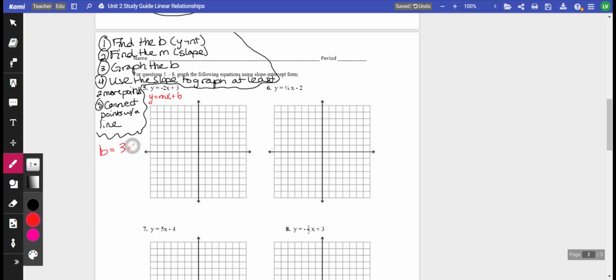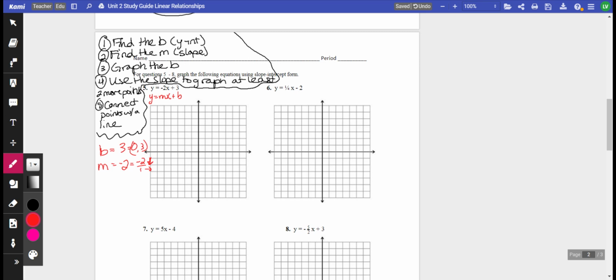Or 0, 3, whichever is going to help you remember. Second step is to find the slope. Well, this is going to be -2, or in this case, -2 divided by 1, because that's your rise divided by your run. You rise down 2, and you run 1 to the right.